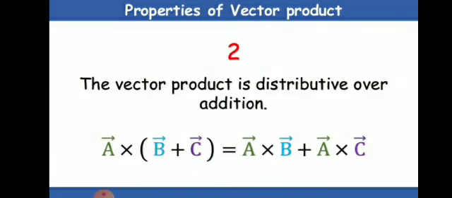So it obeys the distributive property. If there are 3 vectors, vector A, B and C, and we multiply vector A into vector B plus C vector, that is equal to vector A cross vector B plus vector A cross vector C. So it obeys the distributive property over addition.